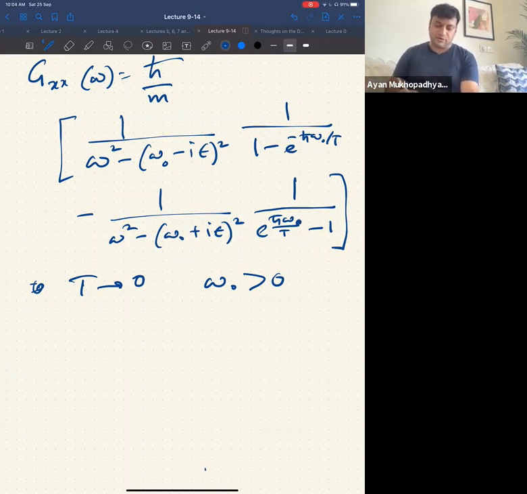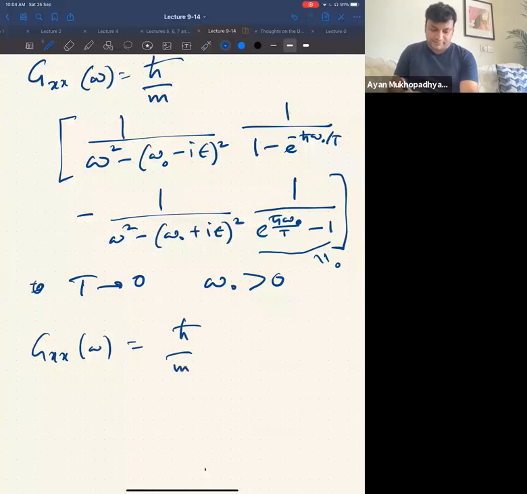So when t goes to 0, this term vanishes, whereas this term becomes simply identity. Okay, so in the t goes to 0 limit, g_xx(omega) would become h bar by m into 1 over omega square minus omega naught minus i epsilon whole square.